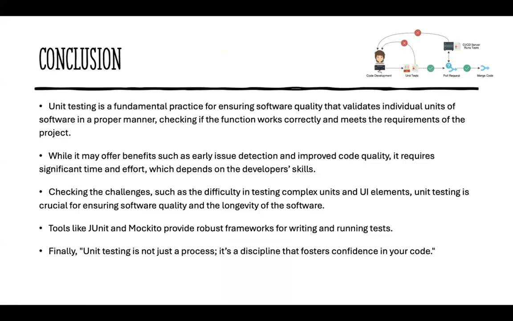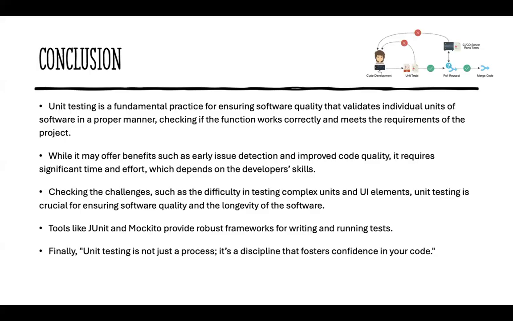So to conclude this talk, unit testing is a fundamental practice for ensuring software quality that validates the individual units of software in a proper manner, checking if the function works correctly and meets the requirements of the project.